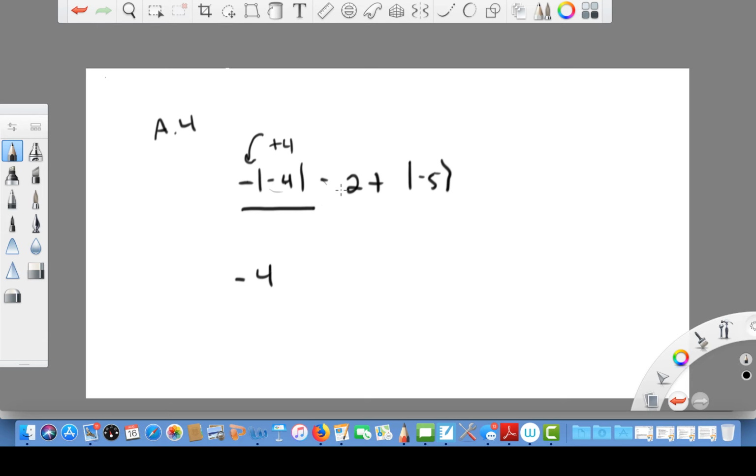We also see the sign here as a -2, and then we drop the plus sign and we have another value here. Because it's absolute, it has to be a 5. So what's a -4 plus a, oops, sorry, that should be -2, equal? Well, that's a -6 plus 5. The total of that is going to be a -1.